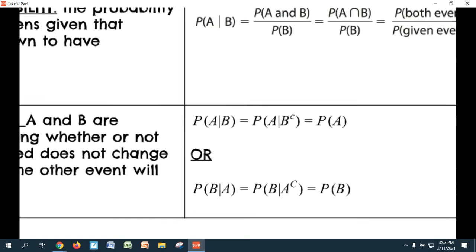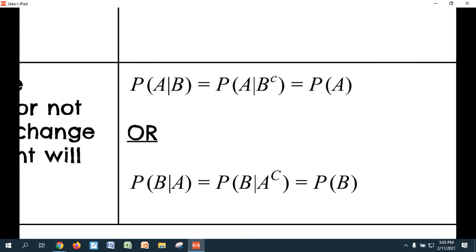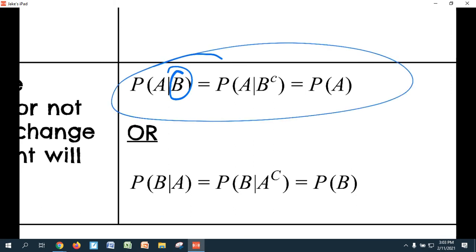What these formulas represent is, let's say event A is that you flip a coin and get heads, and event B is you flip a coin a second time and get tails. This would say, given that the second time you flip a coin you get tails, what's the probability of getting heads?